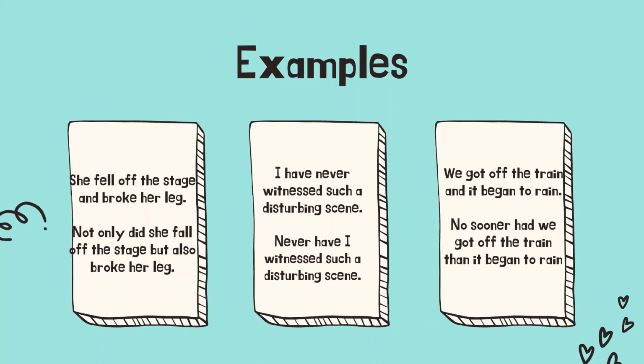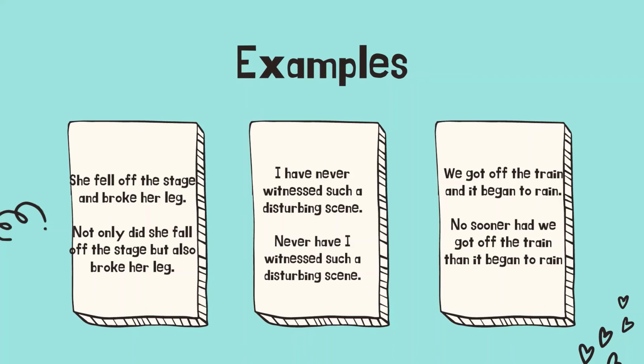Now, the second example is easier than the first and the third example because you already have the adverb in the sentence. So the only thing that you have to do is the inversion of the sentence.